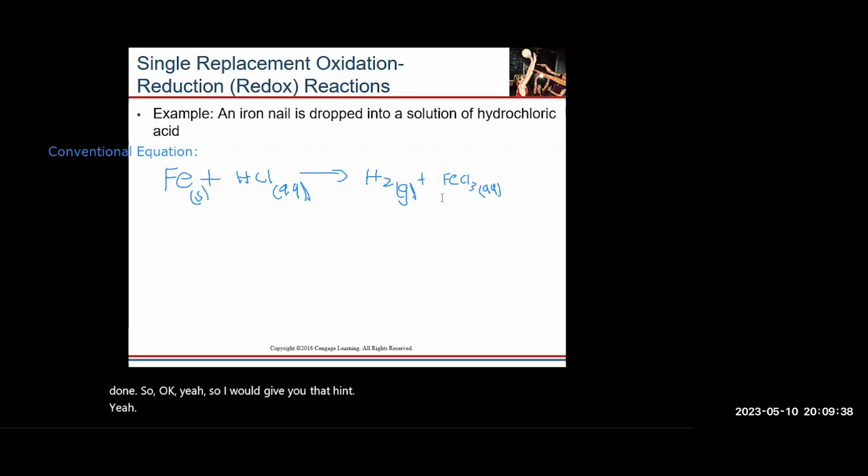You said it's a 3 charge? It's gonna be a 3 charge here. But the initial iron nail isn't gonna be a 3 charge.